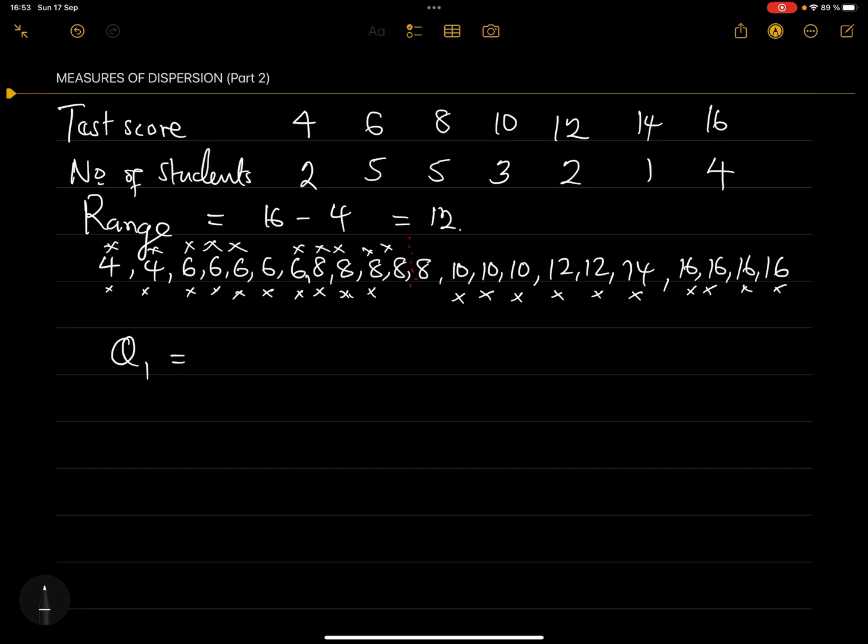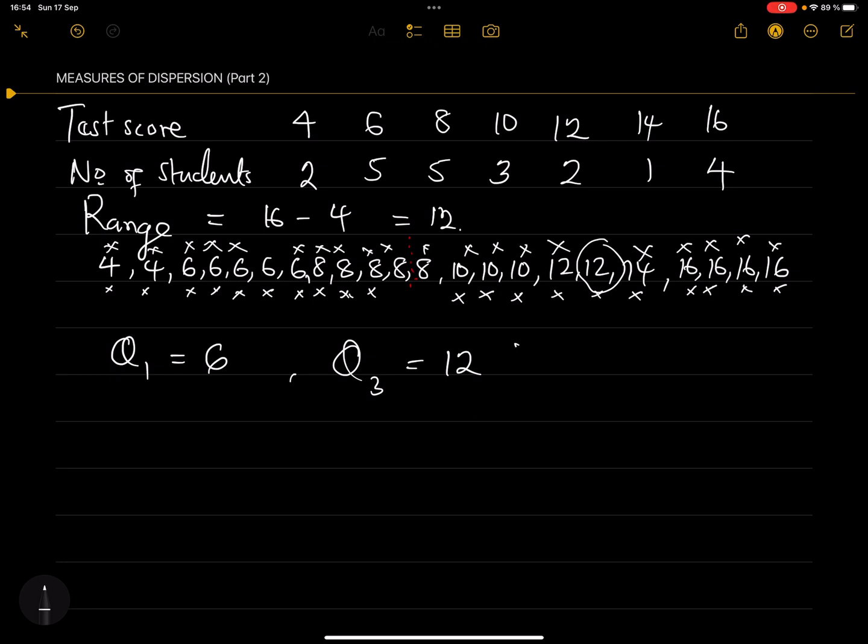We have 6 to be the median of the lower half, and therefore our Q1 is 6. What about our Q3? It is the median of the upper half from 8 to 16. We also cross this out, and we have our median to be 12. So Q3 is 12.